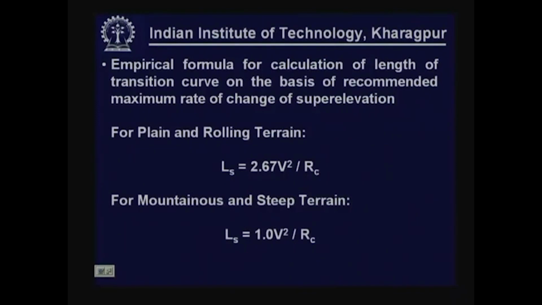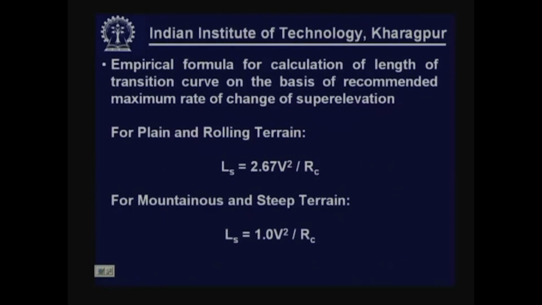Now, based on this rate of change of super elevation, which we have mentioned should be 1 in 150 for plain and rolling terrain and 1 in 60 for mountainous and steep terrain, IRC has also given empirical formulas. Considering that aspect and Indian standard conditions, these empirical formulas are sometimes used to check the length of the transition curve.